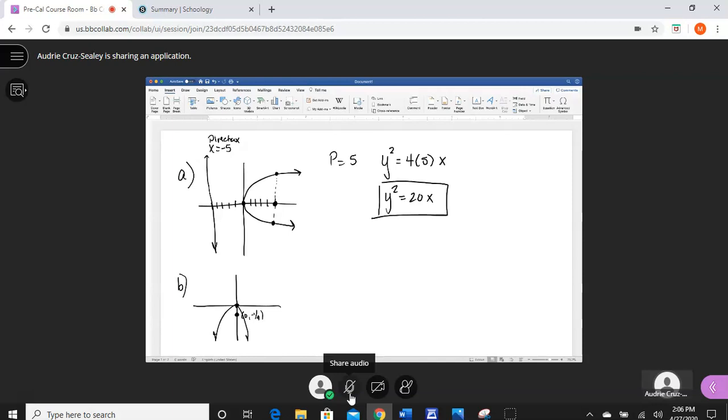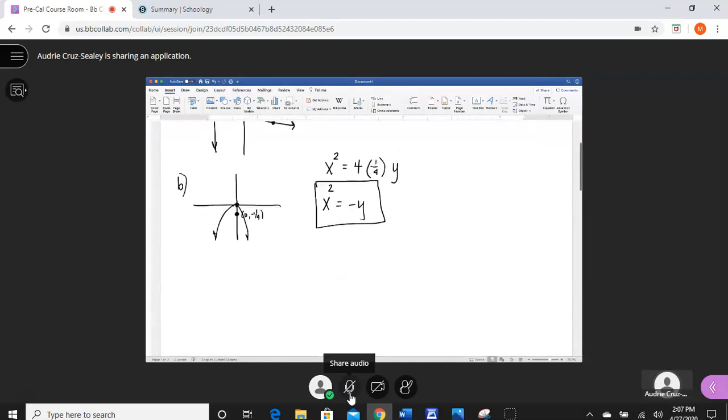You open down. So that means x squared equals 4 times p times y, and your p value is the distance, so your p value is -1/4. So you get x squared equals -y as the equation. We okay? Yes, no, maybe?